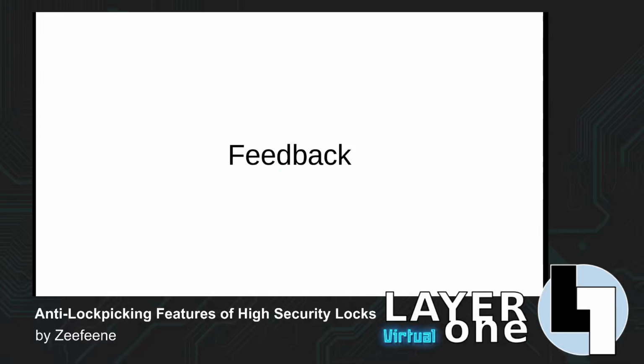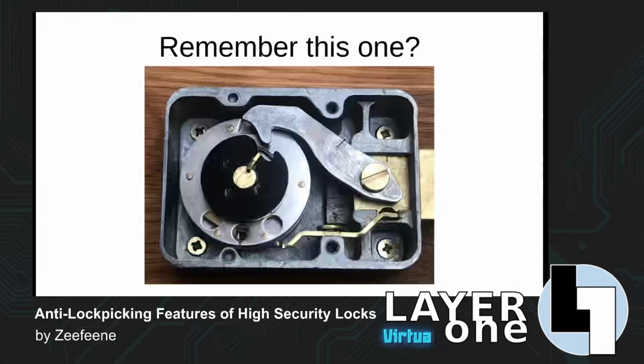That leaves us with locks that attempt to deaden feedback, despite perhaps being able to tension them or manipulate them. So, coming back to the Sargent and Greenleaf 6741, this is a combination dial safe lock, and although it's quite tricky because you can't really tension the mechanism very easily, it turns out that it is not a completely impossible lock to manipulate.